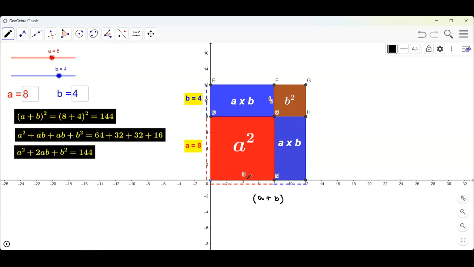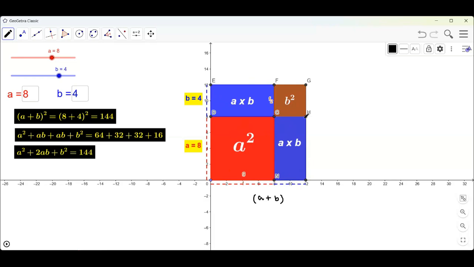Here, from here to here, I am taking a as 8 units and b as 4 units. That means 8 plus 4 gives a total of 12 units. The big square is divided into two small squares and two rectangles.